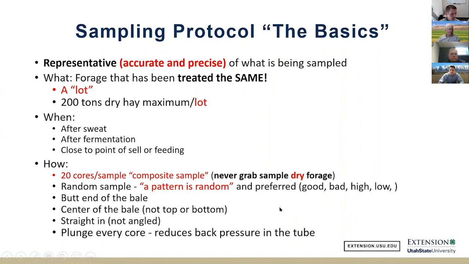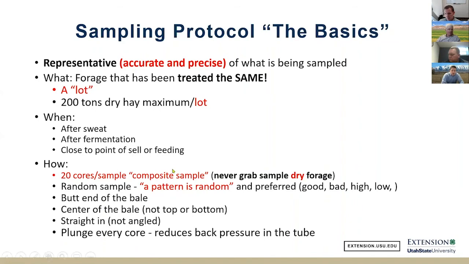And remember that a pattern of sampling is still a random sample, and probably the easiest way to get a random sample out of a stack of baled hay is to choose the same bale in the same row, or in some type of pattern, so you're just sampling in a pattern. That way you can avoid the bias of choosing a good bale or a bad bale.